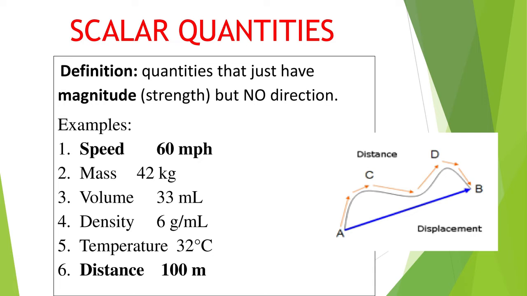And the last one is distance. When we talk about distance, we have a diagram beside this explanation. You can see when we say distance is 100 meters, distance can be through any point. Suppose it travels from A to point C to point D, as you can see in the diagram. We only have the value of it, that is 100 meters. We are not going to take care of the direction in which it is traveling to cover the distance of 100 meters.